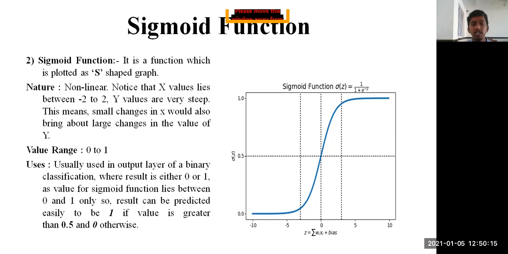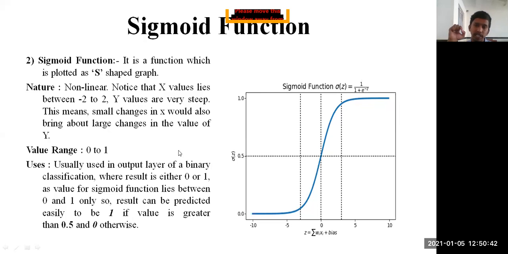By default, it is non-linear in nature. Only the linear activation function will be used to compute linear functions, and the remaining ones like sigmoid are mostly non-linear. Here the z value, in e power minus z, lies between minus 2 to plus 2, and the sigma of z, that is the y values, are very steep.